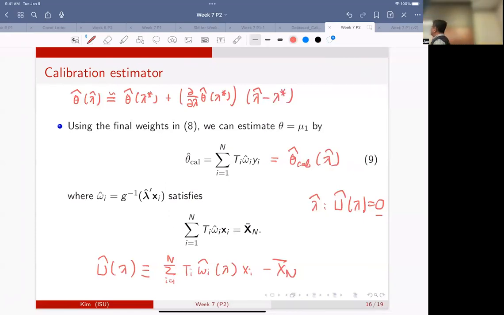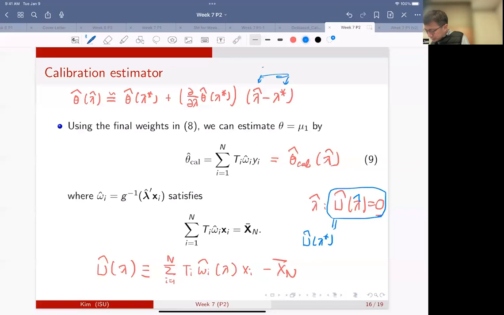This is where you would end up. The problem is that this is known, you can compute it, but this you don't know. So what to do? The idea is you can also apply Taylor expansion to this one, with respect to lambda star.